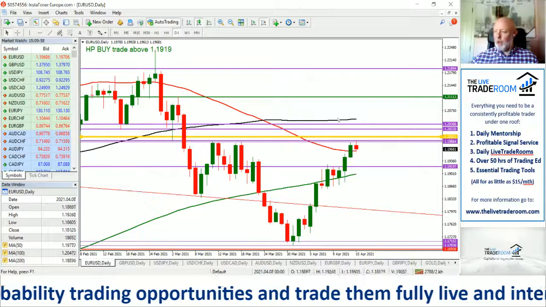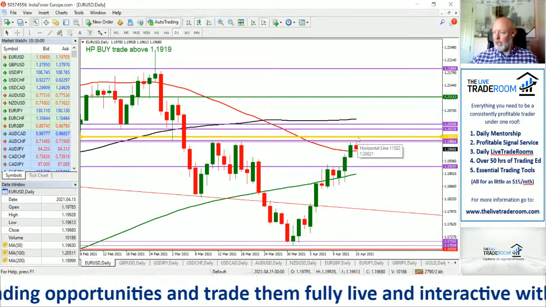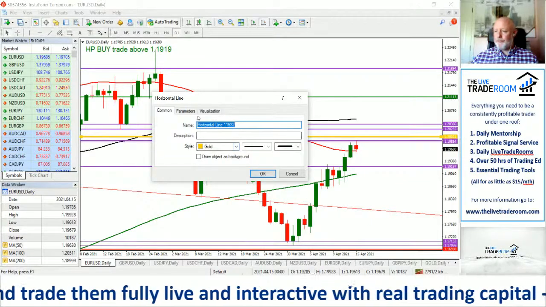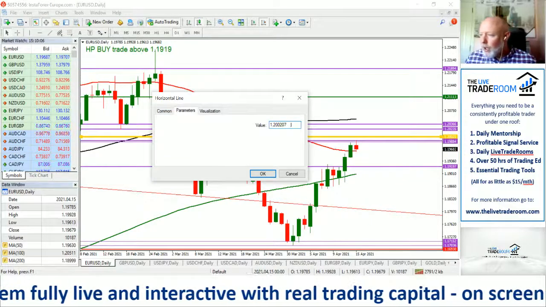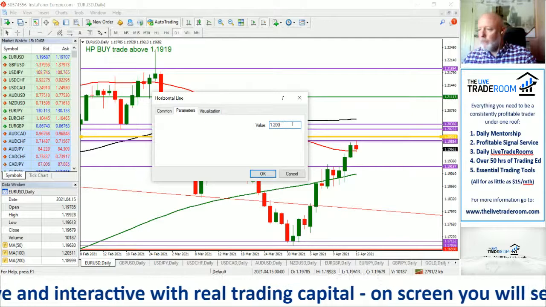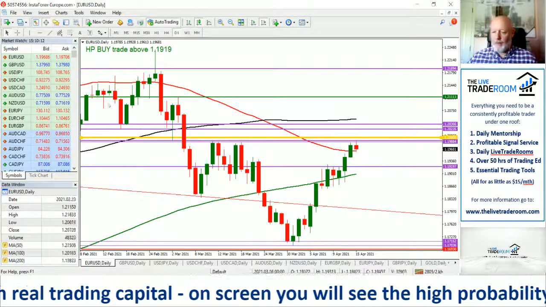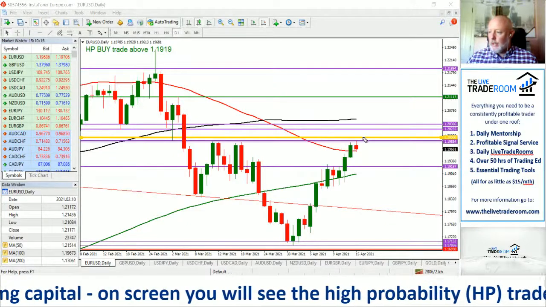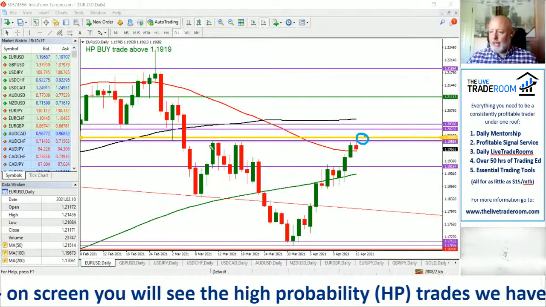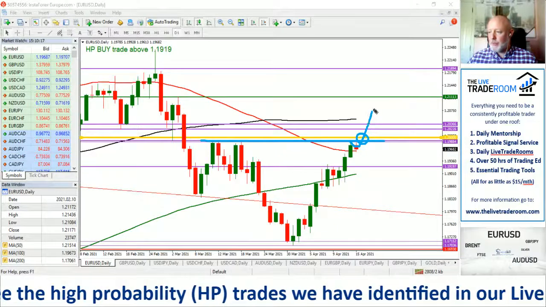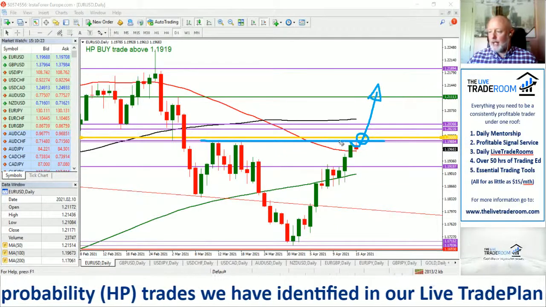The reason we know the 120 is so important is because the ECB keep making references to it. So that's precisely the 120 level. If you're looking for a high probability trade to the upside, we're waiting for that price to reverse, but there is your next leg to the upside.